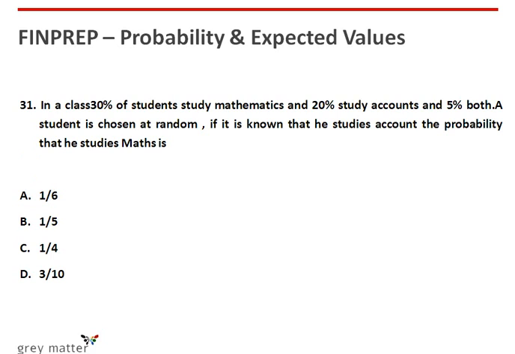31st problem. In a class, 30% of students study mathematics and 20% study accounts and 5% both. A student is chosen at random. If it is known that he studies accounts, the probability that he studies maths.